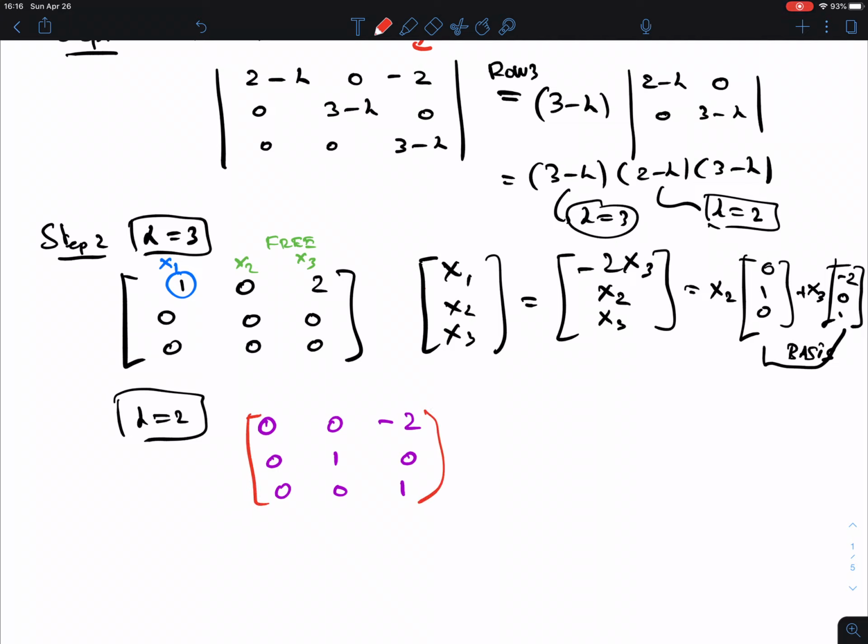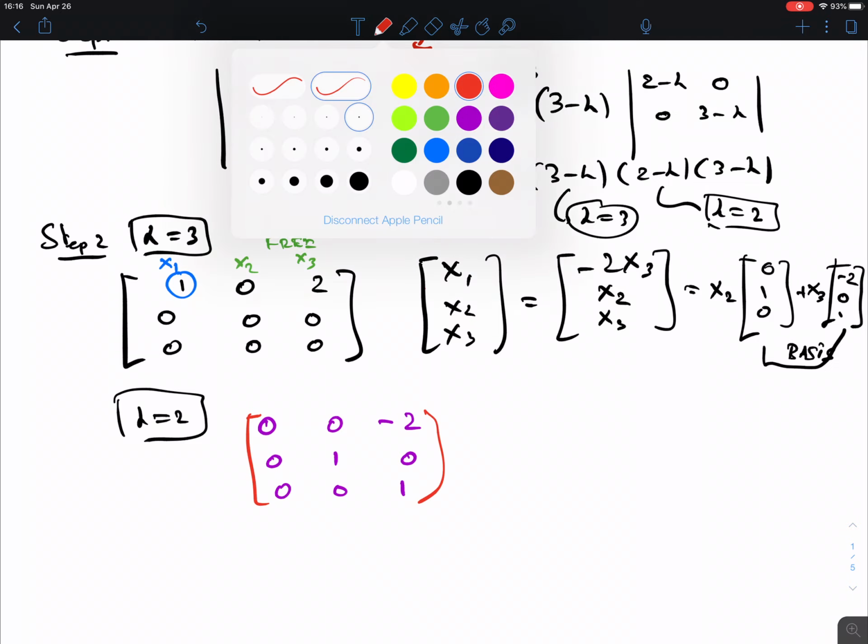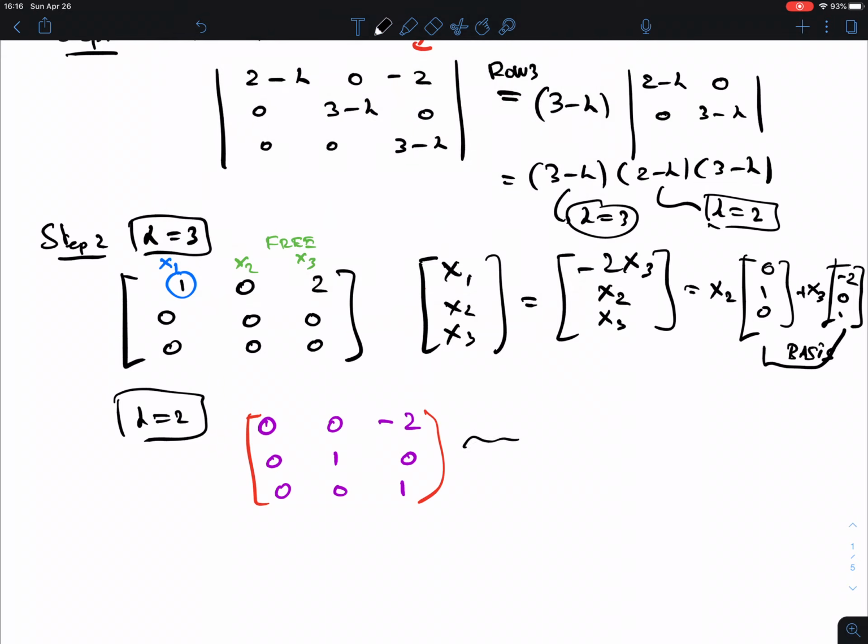When it comes to shuffling rows, it's sometimes more annoying to write down the row operations than to actually do it. So I'm going to just say I'm doing the row operations that shuffle, and I get 0, 1, 0, 0, 0, 1, and 0, 0, negative 2.